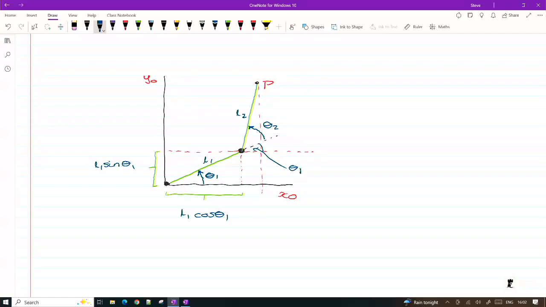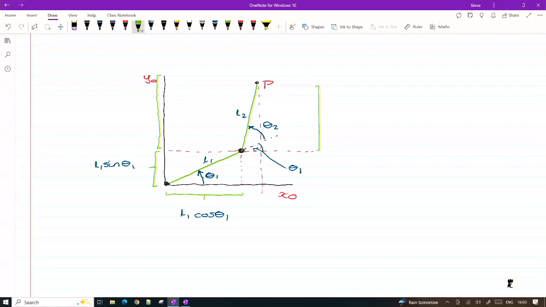Okay. So from that we can now work out the coordinates of point P with respect to our fixed base coordinate system. Not what I just said, sorry.